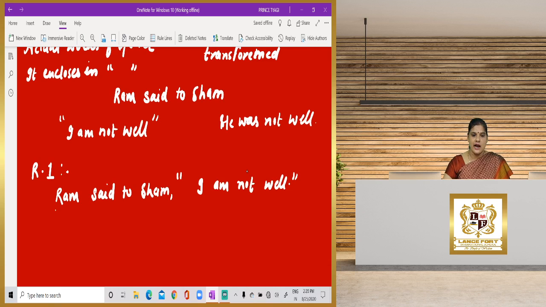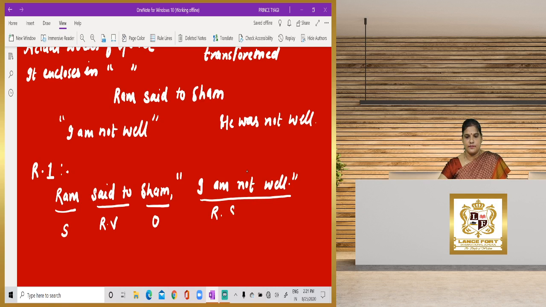Ram is the subject and Sham is the object. The listener is the object and the speaker is the subject. Said to is the reporting verb, and the words spoken by Ram are the reported speech. Clear? So: subject, object, reporting verb and reported speech.